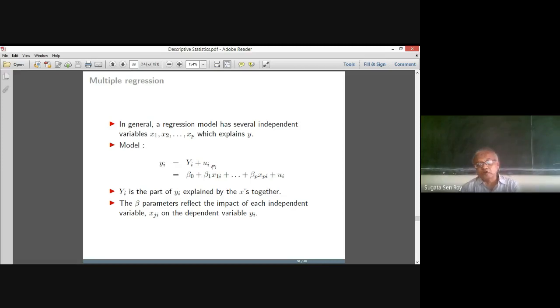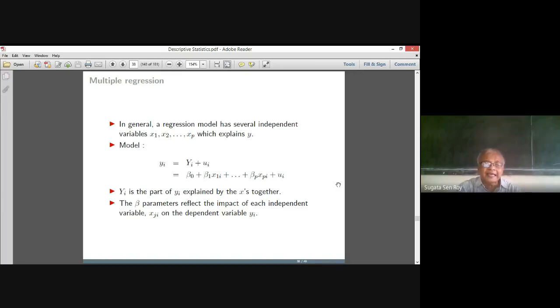Somebody is sleeping for 20 hours a day, and then probably his weight goes up. You are not looking at that, and that part would be going to the error part. So the things that you do not look at, everything goes into the error part. You are interested in this part only, the yi part. Okay, that's the part you can explain through the x's.